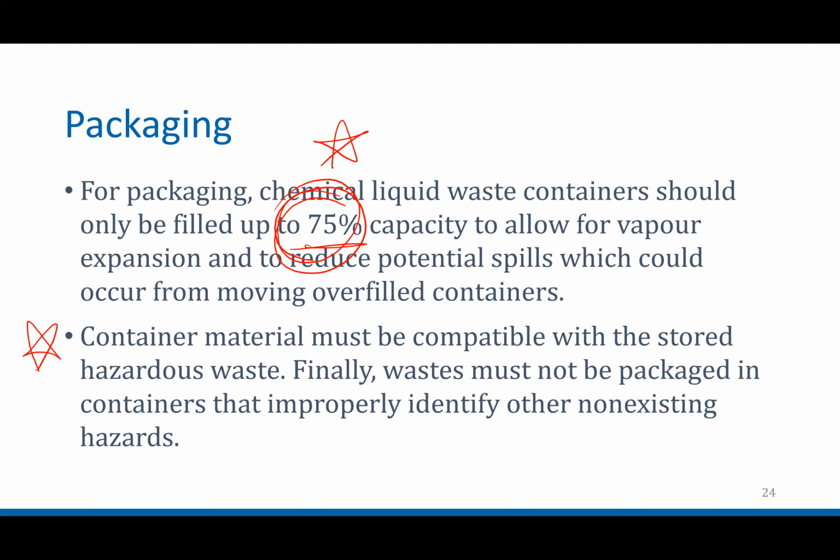So when you're storing waste, you want to think about plastic or glass or different polymers, metals, whatever you're working with. The container material must be compatible with the waste. This information you can usually find in the material safety data sheet.